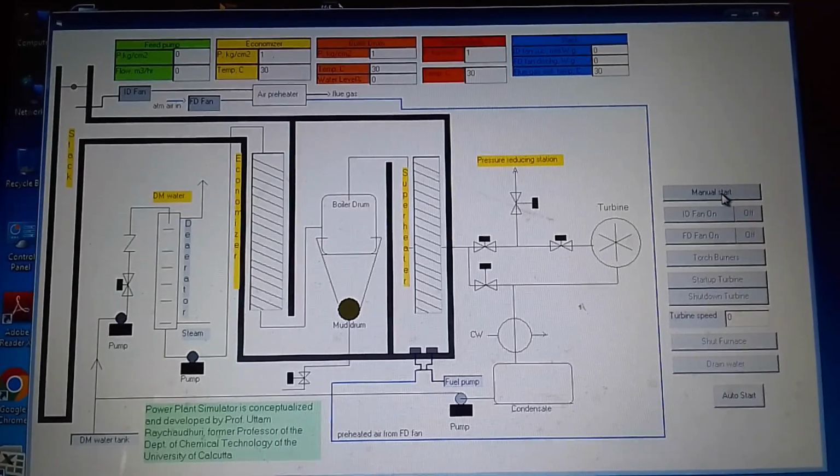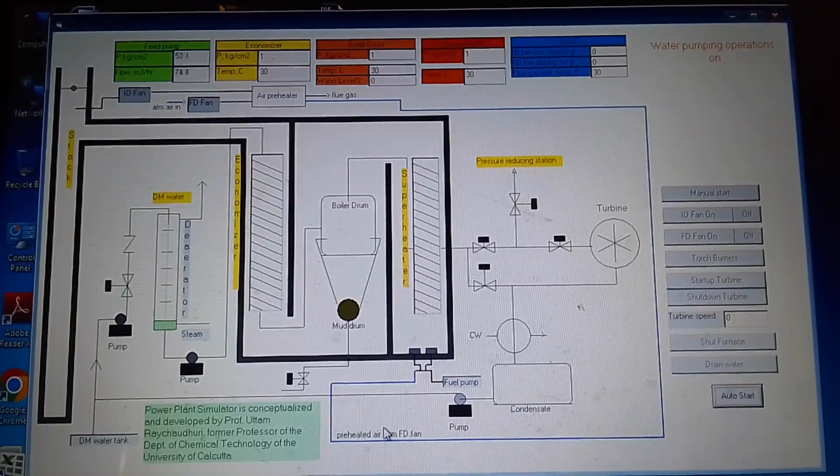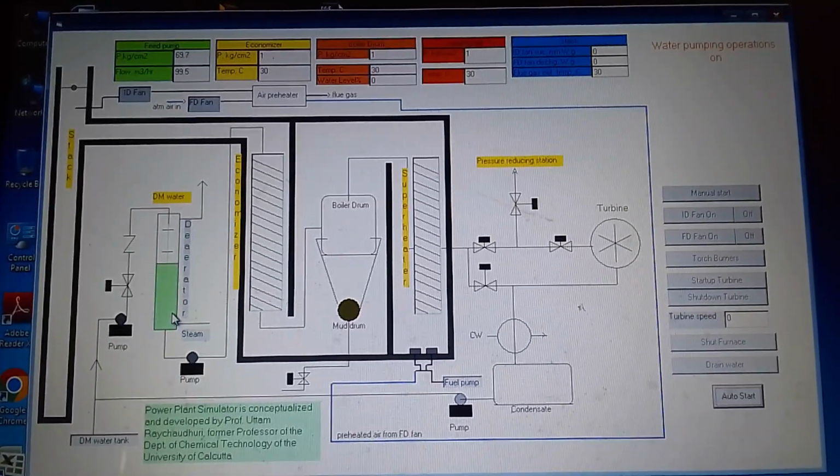At the beginning we have a water circulation. Here you can see the water is deaerated with the help of steam initially.